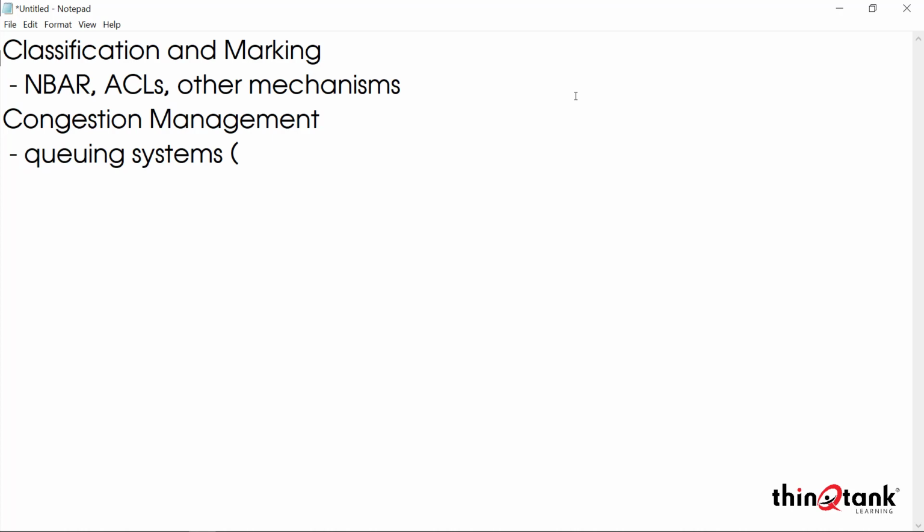We have priority queuing, we have class-based weighted fair queuing, we have custom queuing, we have low latency queuing, which is really just a combination of priority queuing and class-based weighted fair queuing. We have, gosh, there's a whole bunch. FIFO, which is first in, first out, really not any kind of queuing. And I'll just put et cetera here, you get the idea.